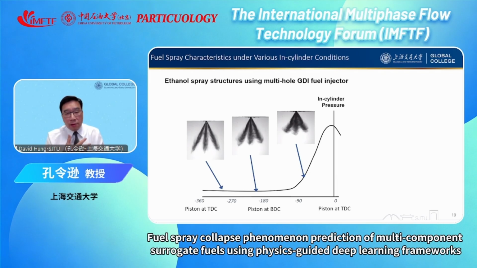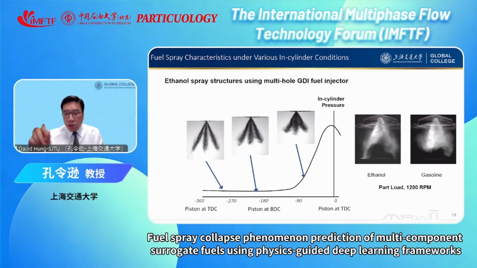This is just a very typical phenomenon in internal combustion engines. Not to mention if you change the fuel type, whether you are using gasoline or ethanol, the spray also changes quite significantly. So it takes a lot of understanding between the condition the spray is exposed to and also the type of fuel that we are testing.